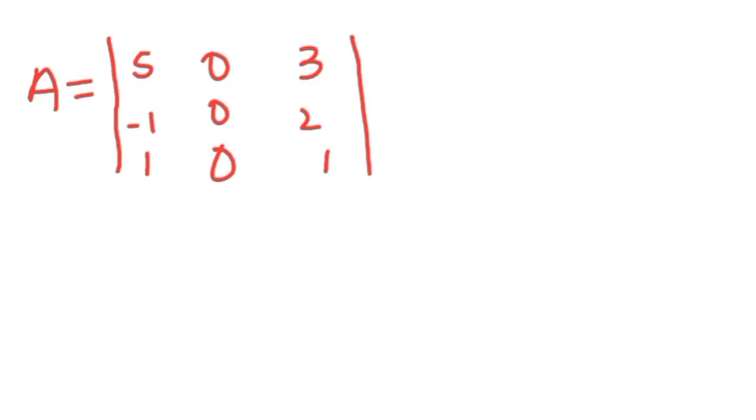Here this 5 is the A11 element, this is A12, similarly this is A13, this is A21, this is A22, this is A23, similarly this is A31, this is A32, and this last is A33.